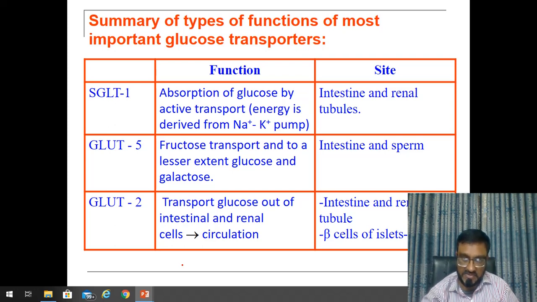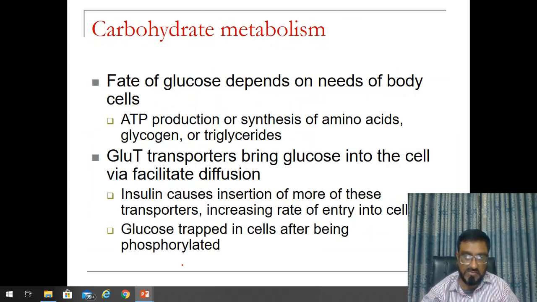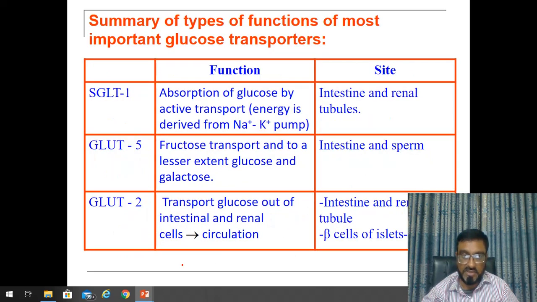In the previous slide, we talked about the several glucose transport systems working in the body. I have listed certain glucose transporter systems here in this table. SGLT1. What is the function of this type of glucose transporter? It is involved in absorption of glucose by active transport, where energy is derived from the sodium potassium pump.